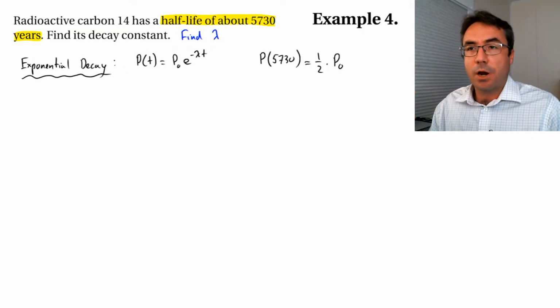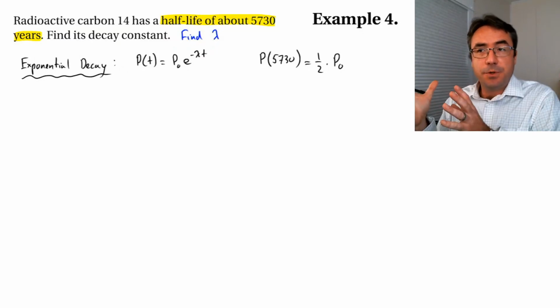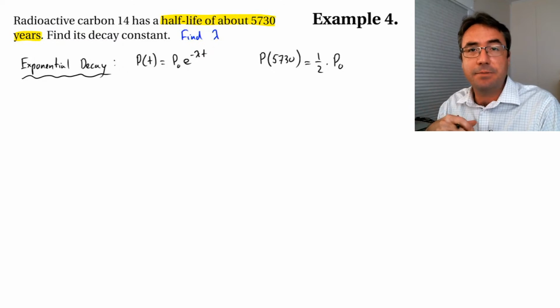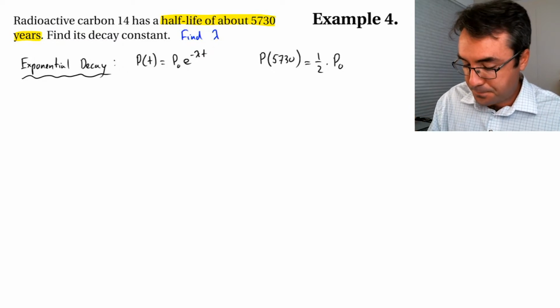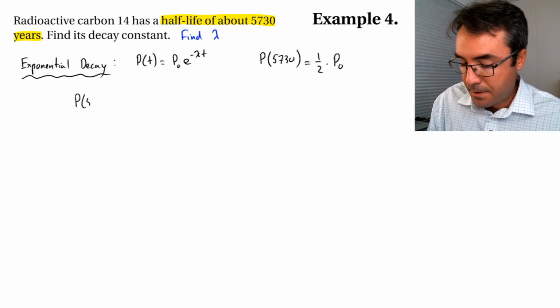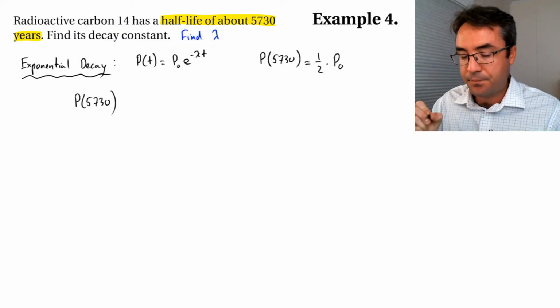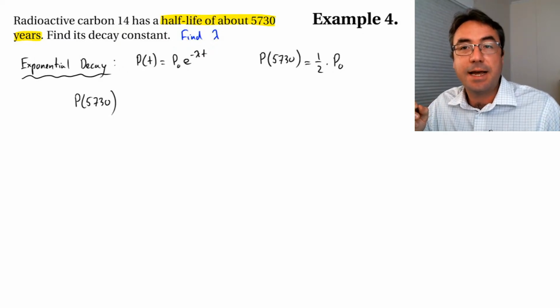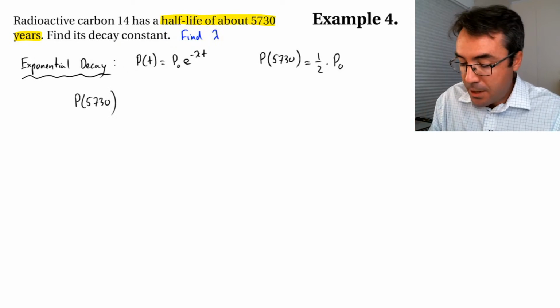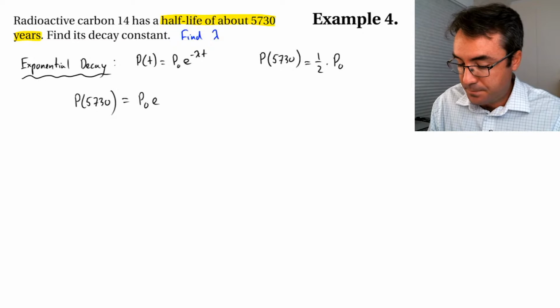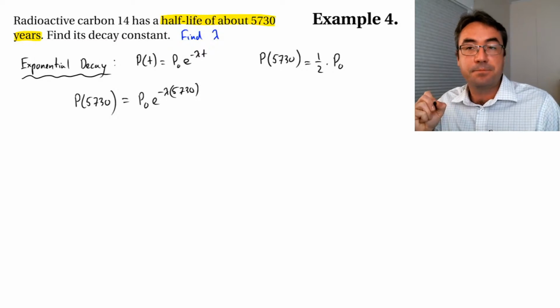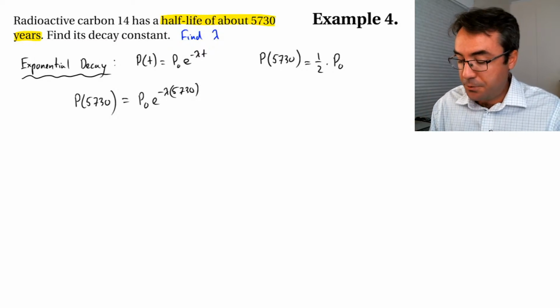All right, so let's take those two results, those two equations, and put them together. We know our mass at time 5,730 is equal to our equation with 5,730 plugged in for t. And it's also equal to 1/2 times our starting mass.